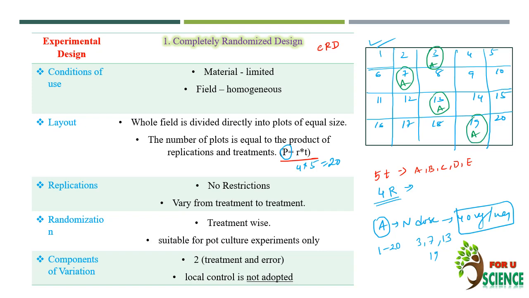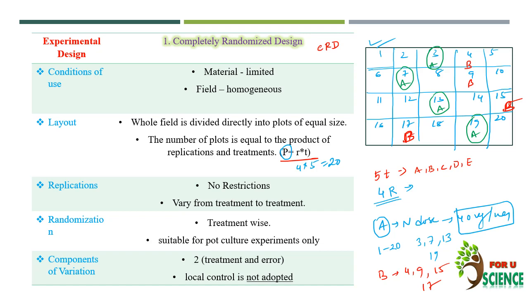Similarly, for B we take 4 numbers like 4, 9, 15 and 17, and we put B in those plots. There is no such rule about this allocation.